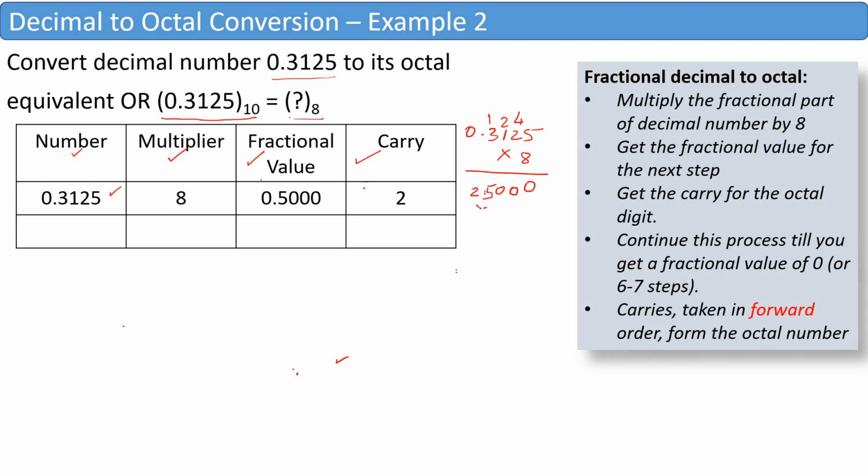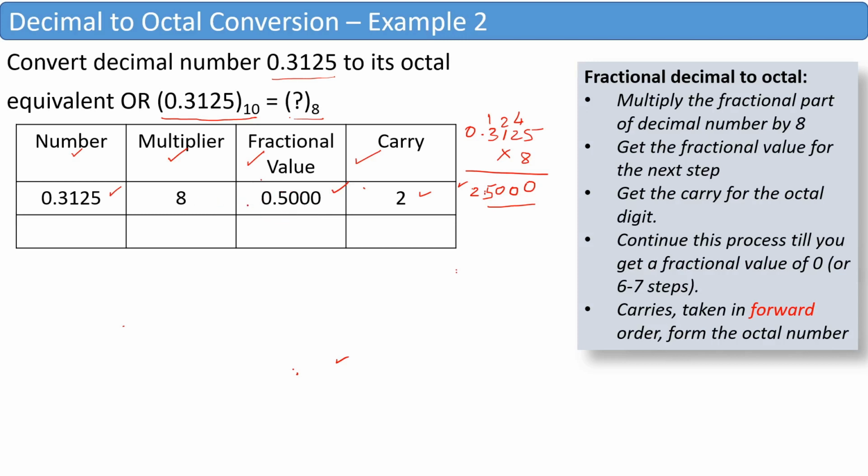So we get 2.500. The fractional part 0.500 we have written here, and the carry is shown in the last column. Now we will continue this process till we get a fractional value of 0.